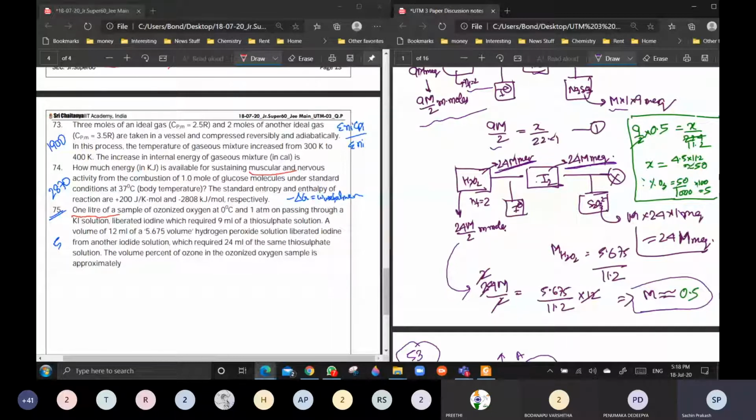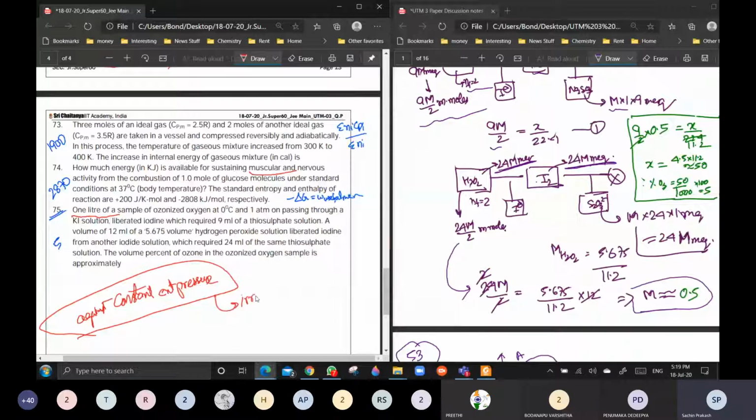Wherever the term against constant external pressure is mentioned, it is an irreversible process. This means that W will be equal to minus P external into V2 minus V1. Getting my point? Yes, sir. So this is what I wanted to emphasize.